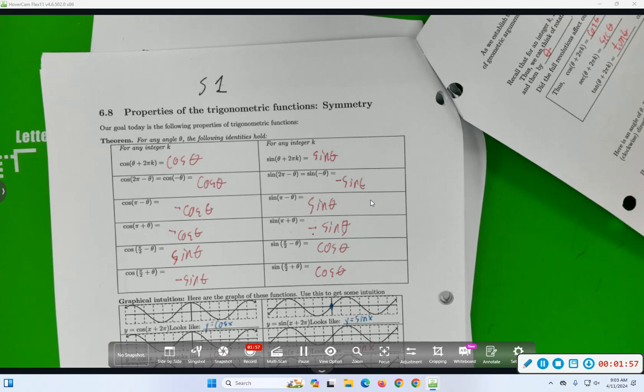On the other hand, you can rotate around by pi, so half of a revolution, and then back by theta. How do those two angles compare? They're flipped over the y-axis. So how should their sine values compare? The x values are going to be negative of each other, so the y's are the same. So the sines stay the same, because sine is the y coordinate.